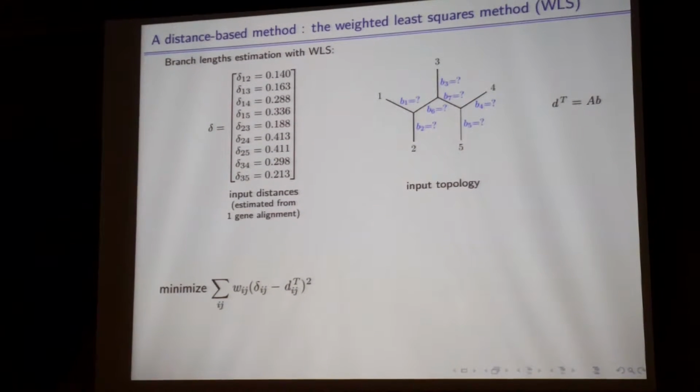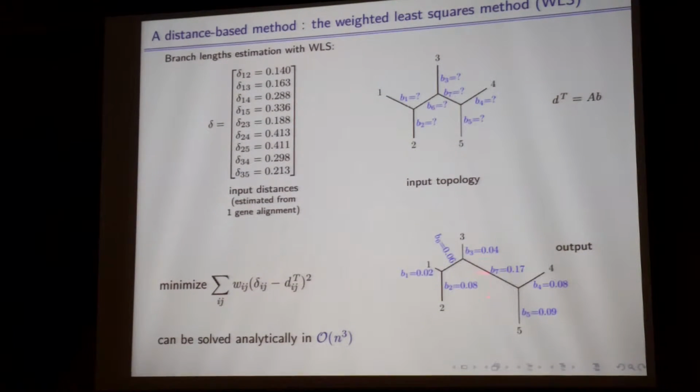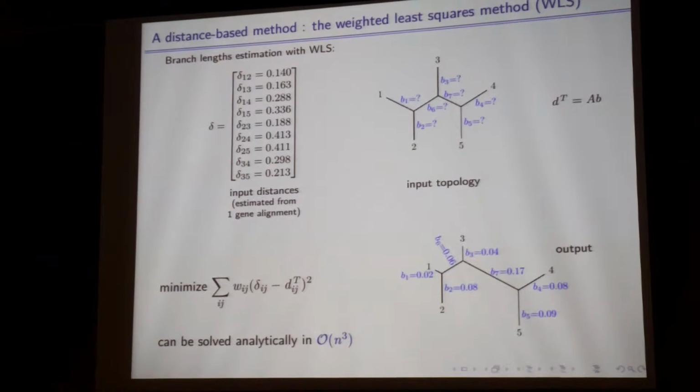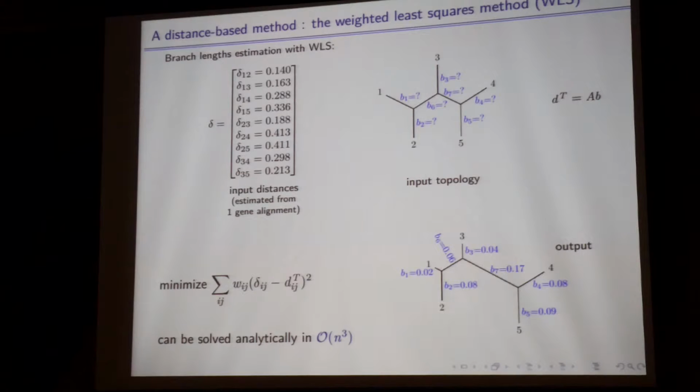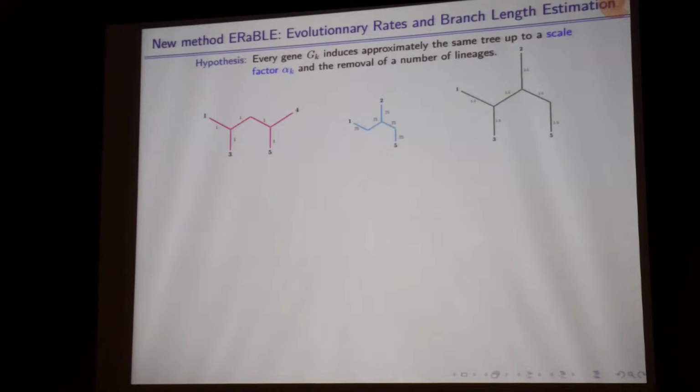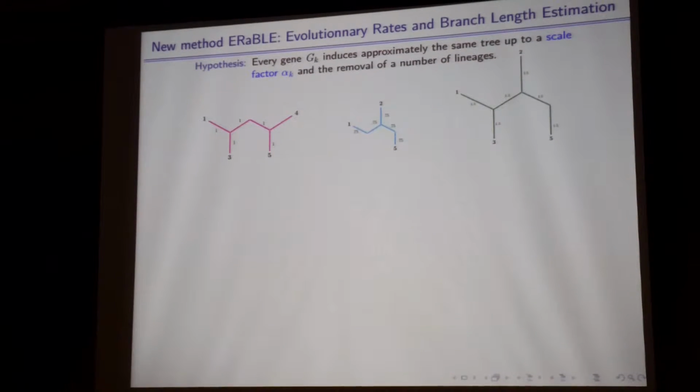And we are able to find the branch length of the gene tree with a complexity in the order of n cubed. And so we wanted to generalize this method to the case where we have several genes as inputs.